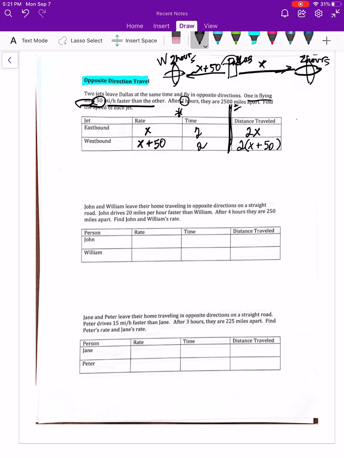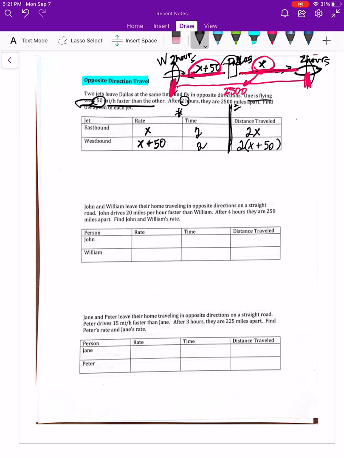Now, the difference with this one is it says that together they travel 2,500 miles. So that means from here all the way to here is 2,500 miles. So that means this one plus this one equals 2,500, because that's this part and this part added together.